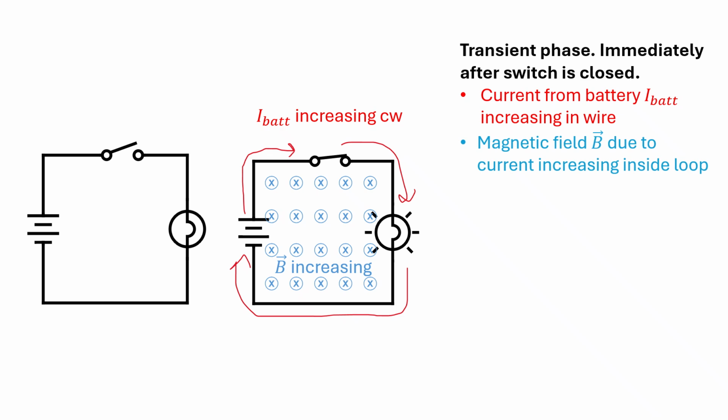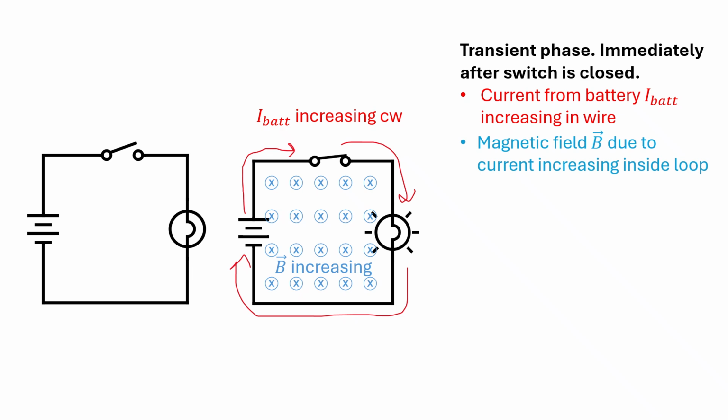So we have this magnetic field pointing into the screen, and because the current's getting stronger, the magnetic field strength is also getting stronger. We learned that if you have a magnetic field that is changing over time, then it's going to create an electric field.